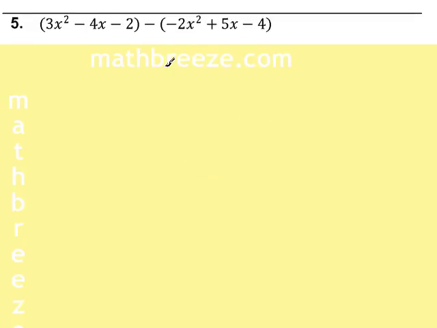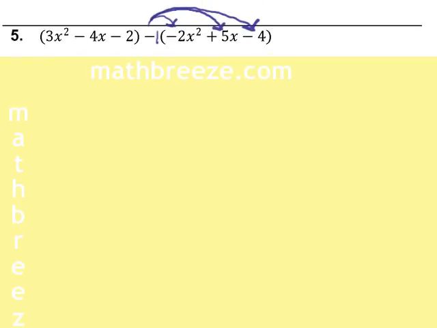In number 5, we do have a minus sign in front of this set of parentheses. Remember, that's as if there were a 1 here, minus 1. So we are going to be multiplying through. I like to think of it as multiplying through by the minus 1, or simply just multiplying through by a minus.